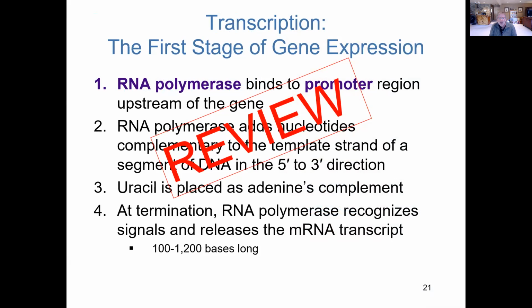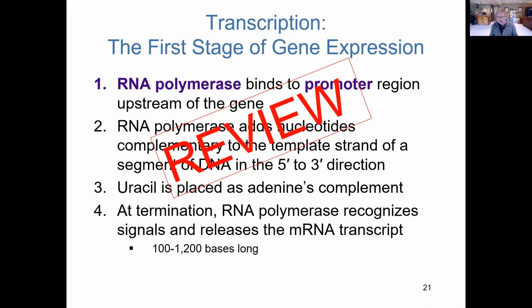And what RNA polymerase is going to do is associate with a region of the DNA, specifically a region of the gene that's going to be responsible for giving us the instruction booklet, if you will, to make that given protein.